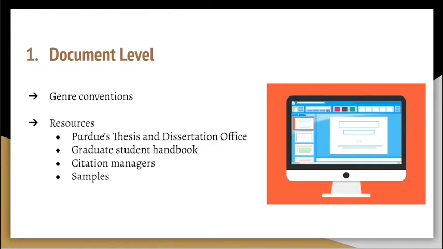In terms of large-scale organization, you can also think about document-level concerns like, is the document divided into the appropriate number of sections and subsections? Are the sections and subsections titled appropriately? Are headings of various levels appropriately differentiated from other text and consistent throughout the document?